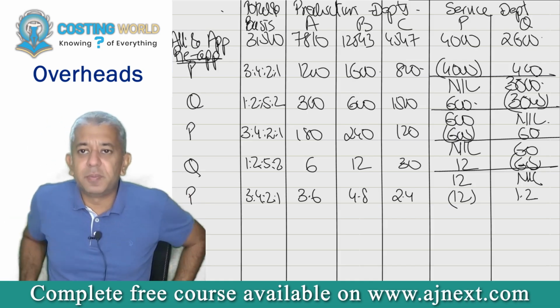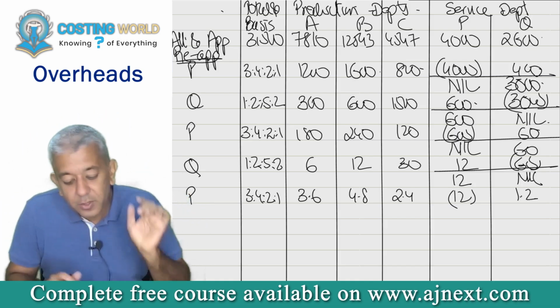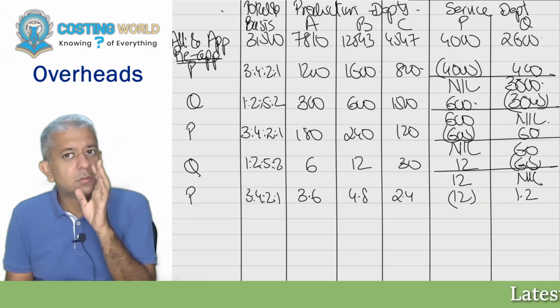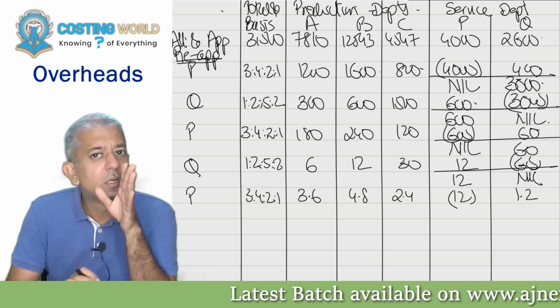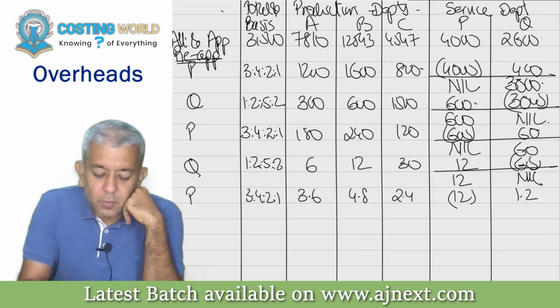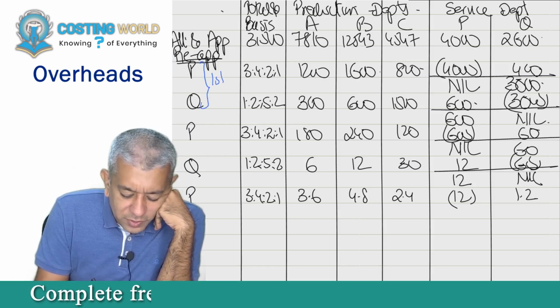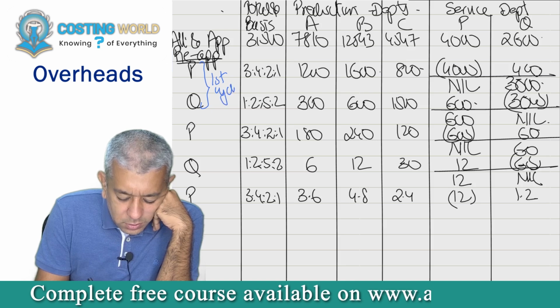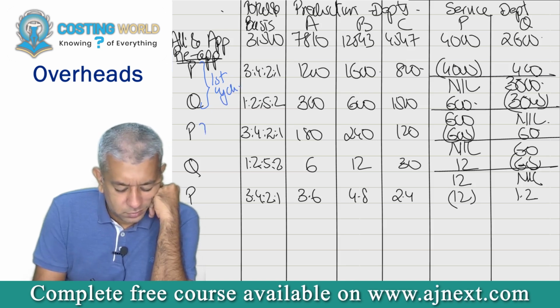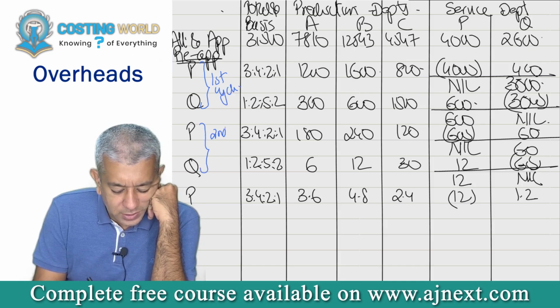Is this done till here? Everybody has done? Yes. Okay, now do one thing. Write down over here first cycle. Write down over here second cycle.